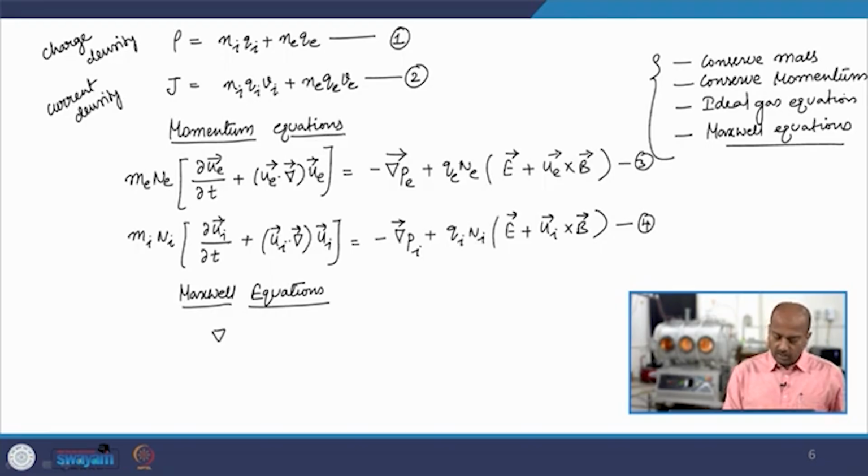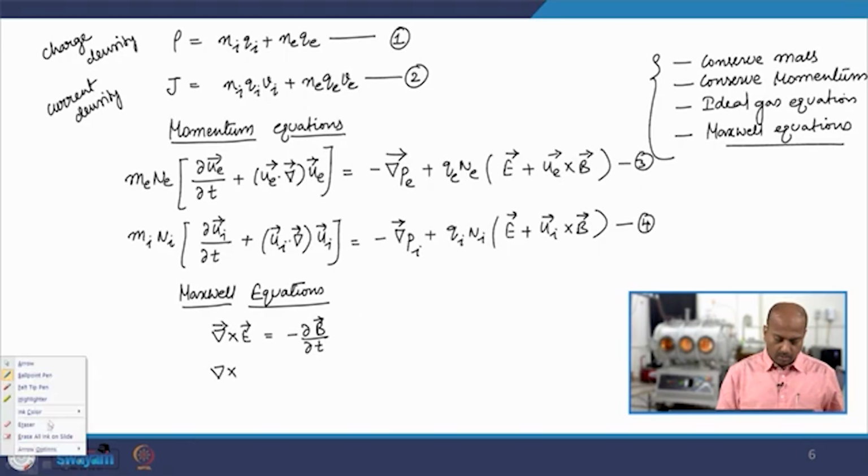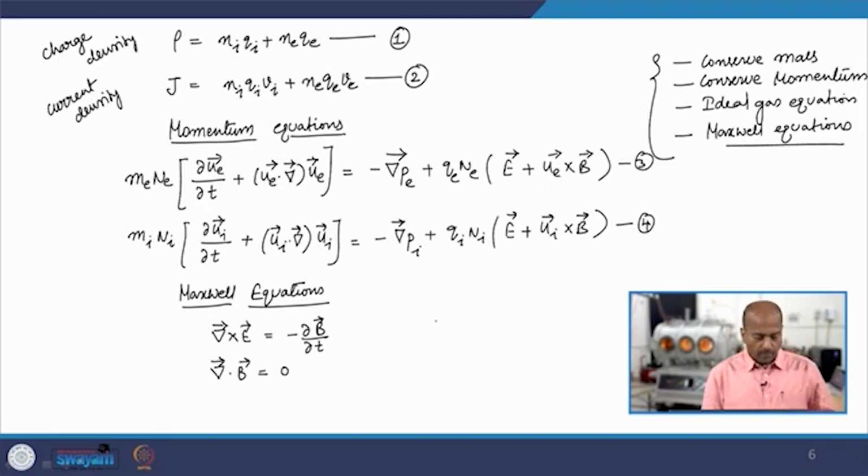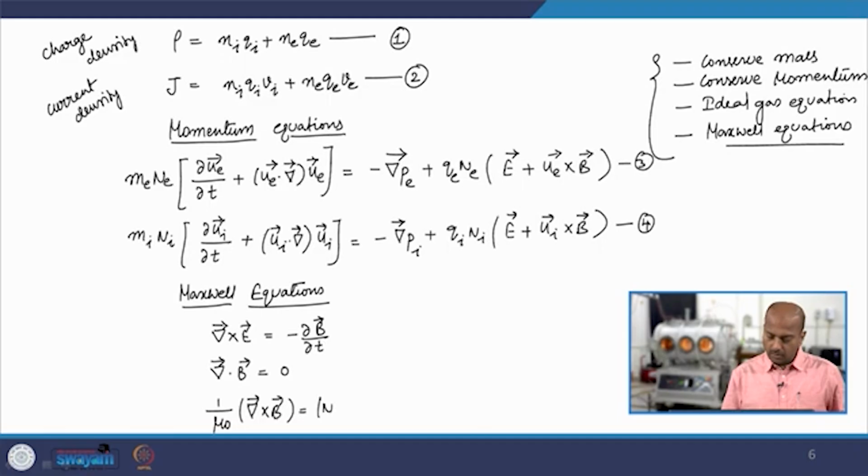So, Maxwell equations are del cross E is equal to minus dou B by dou T; del dot B is equal to 0; and 1 by mu naught del cross B is equal to Ni Qi Ui plus Ne Qe Ue plus epsilon naught dou E by dou T.